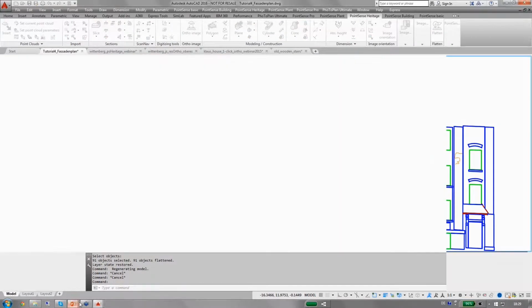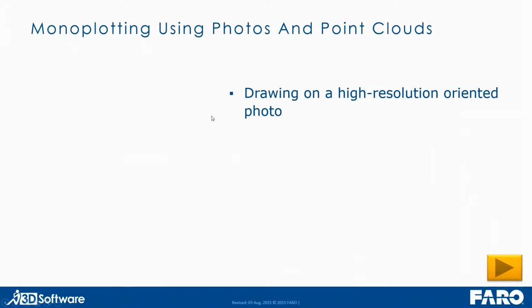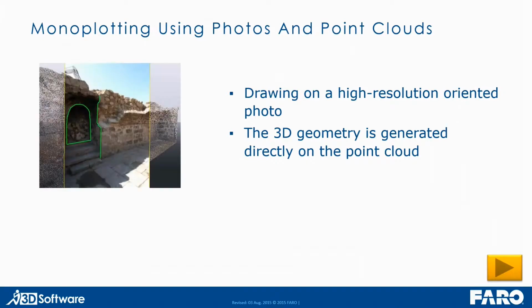Okay, let me go back into the presentation. The monoplotting tool of PointSense Heritage is meant for drawing on a high-resolution oriented photograph. That's useful if your scan is not as dense as a photograph can be. And the 3D geometry is directly generated on top of the point cloud.